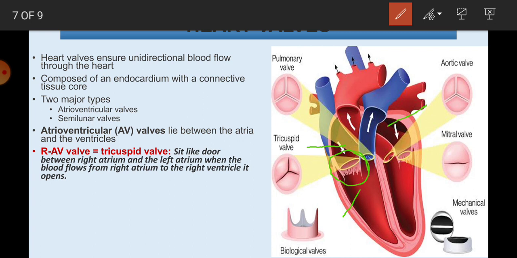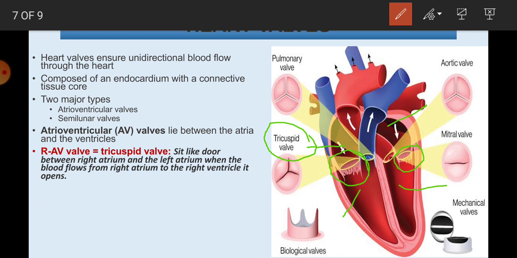This is an atrium and this is a ventricle. Between them there is another atrioventricular valve, and in the right part there is the tricuspid valve.